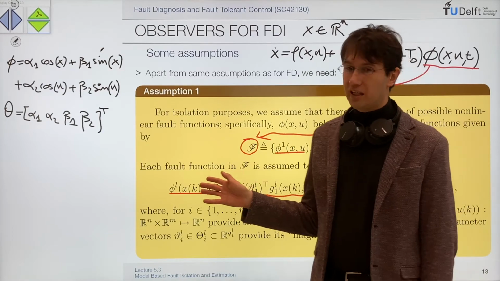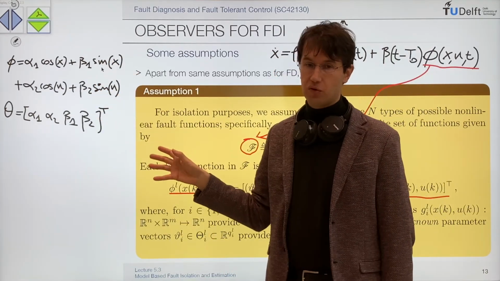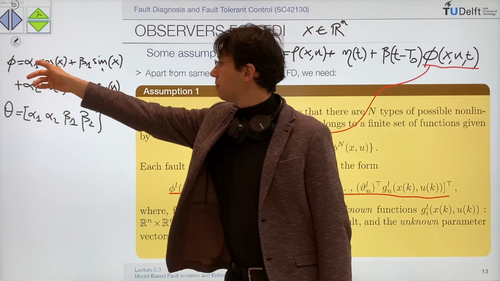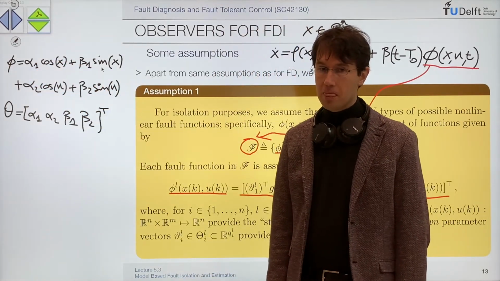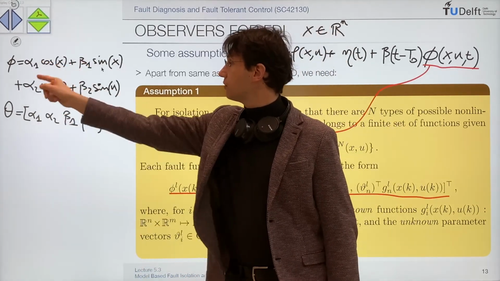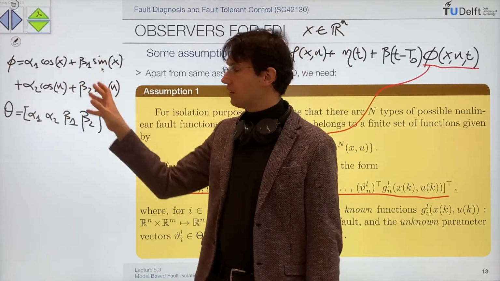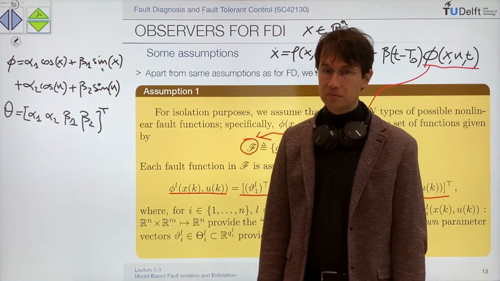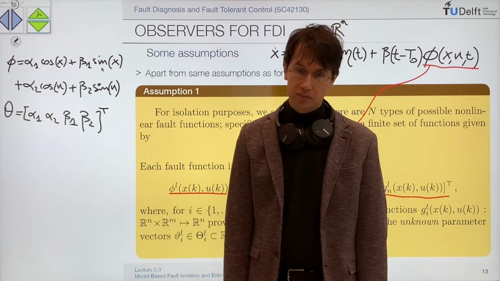And the reason for doing that is if you have a fixed form of the function with parameters that are multiplying individual terms here, it is easier then to estimate just the value of these parameters. So this is an example where we have quite a general form. Actually, you can have also a very specific one.